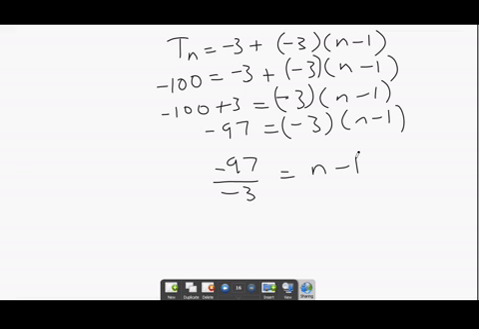Now if you divide this number carefully, you will find that n is equal to negative 97 over negative 3 plus 1.